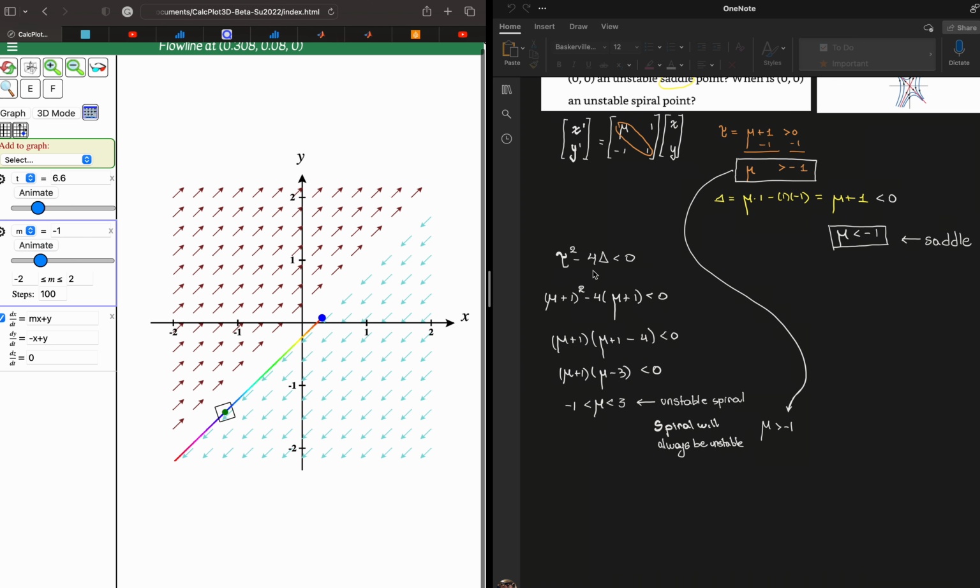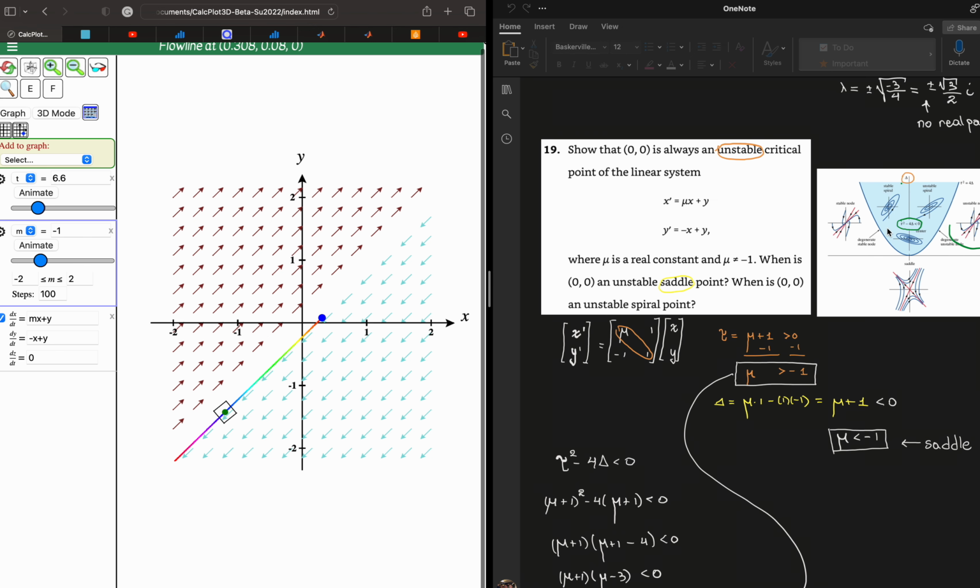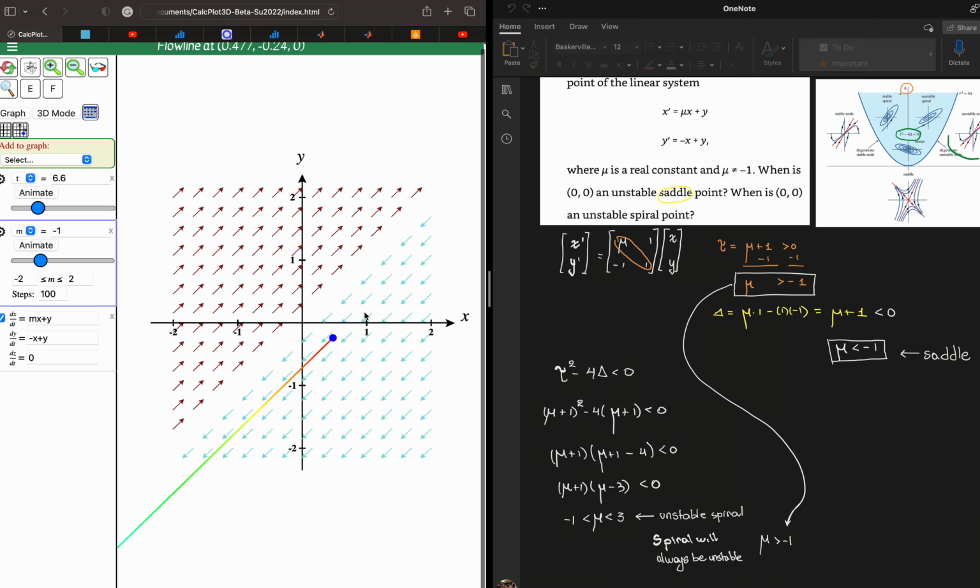I think if we go over here, well, if that is -1, then all of this is 0. And if all of this is 0, we're on this. We're a degenerate stable node. So that's the only one on the number line that makes this stable. Everything else, unstable. All right, this was pretty cool.